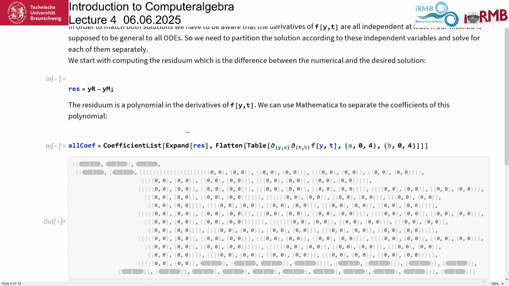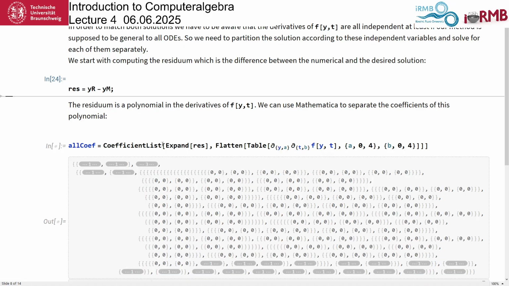You just saw me using this Collect function, where I could collect the different parts in delta t. This is a similar function where I make a coefficient list of a polynomial.